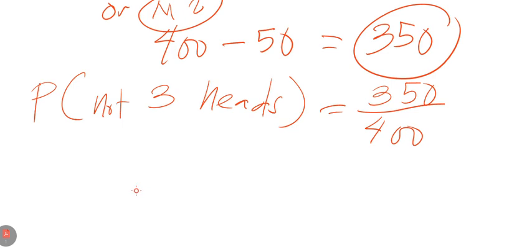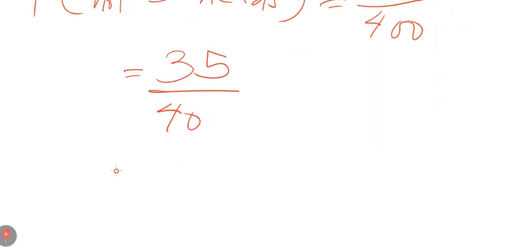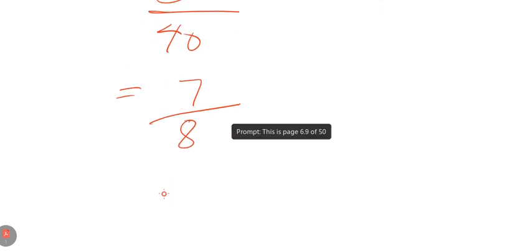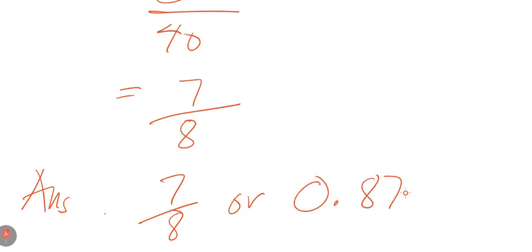Now we can reduce the fraction to 35 over 40, and then lower that one by dividing by 5 to 7 over 8. The answer here is 7 over 8, or to be exact in decimal, that is 0.875.